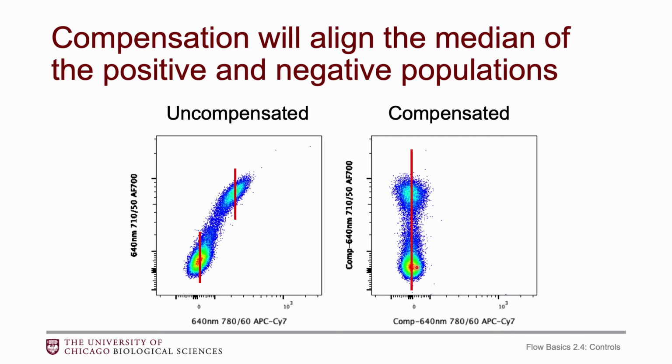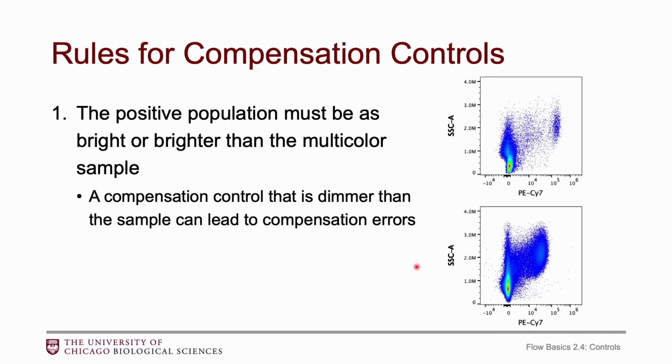In order to calculate that properly, we need to follow a set of rules for our controls. So 4 rules that I'll go over. The first one is the positive population must be as bright or brighter than the multicolor sample. So I have 2 plots here. Let's imagine that this top plot is our single stain control and the bottom plot is our sample.